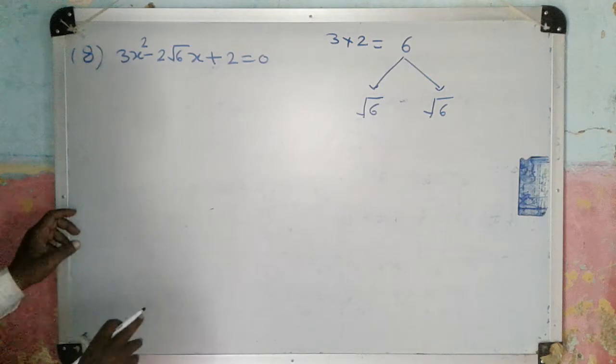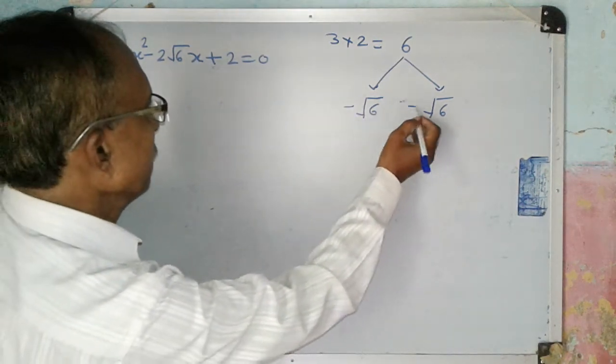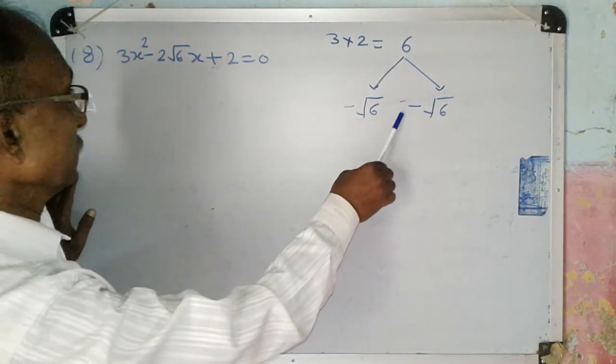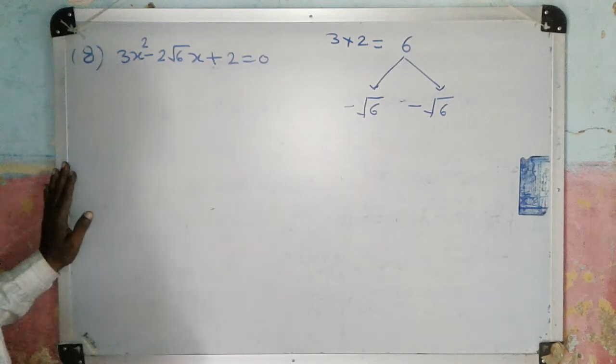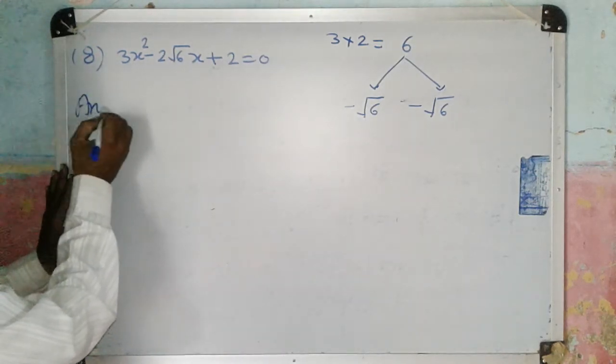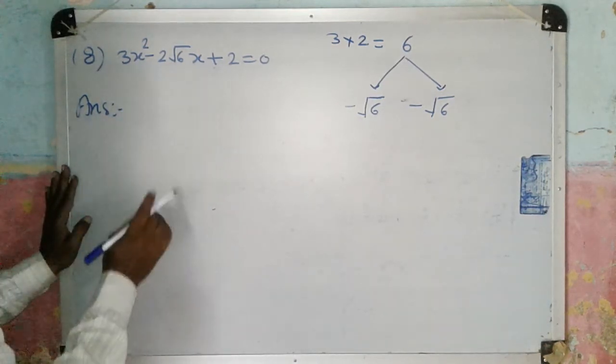That means product is 6. And here is minus 2 root 6. So here we put minus, minus. That means minus root 6 plus minus root 6 we get minus 2 root 6. So we divide this middle term here.